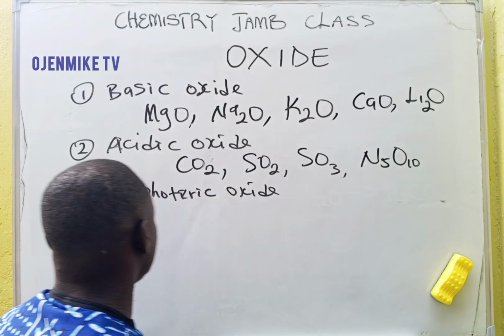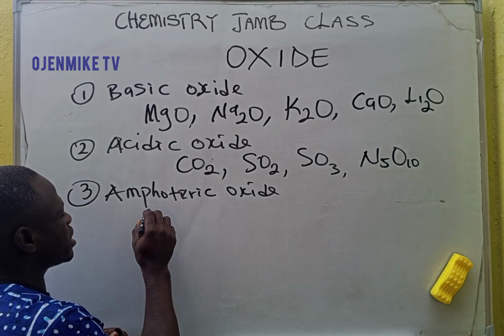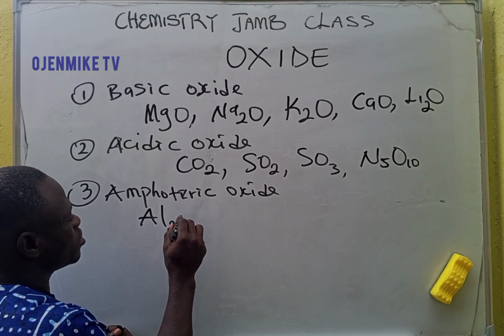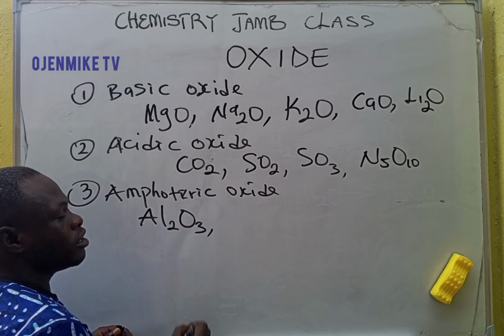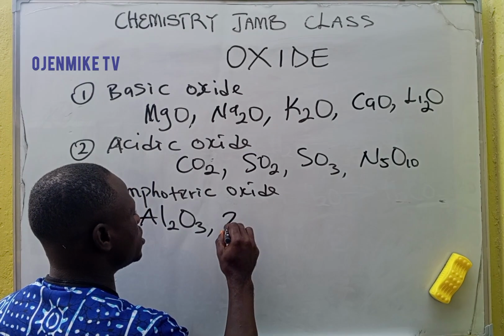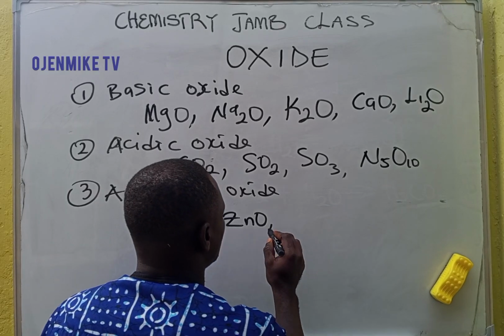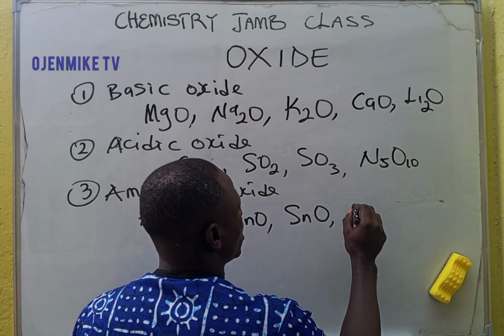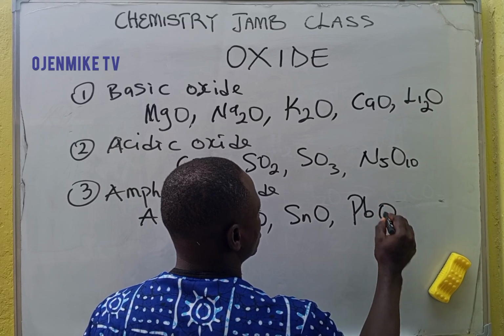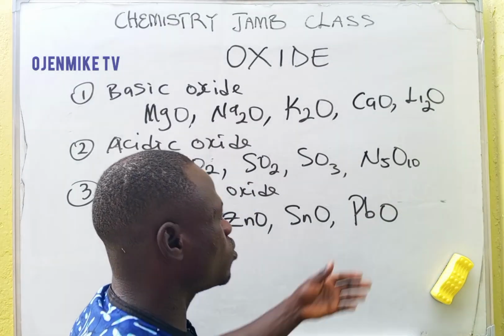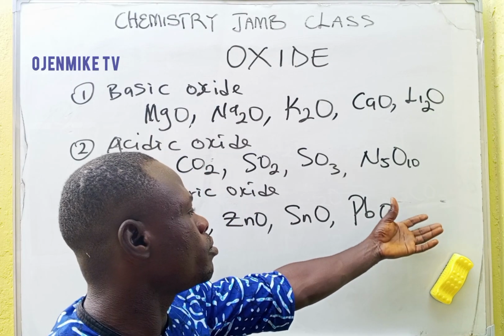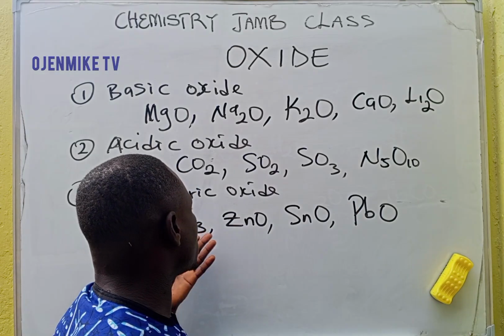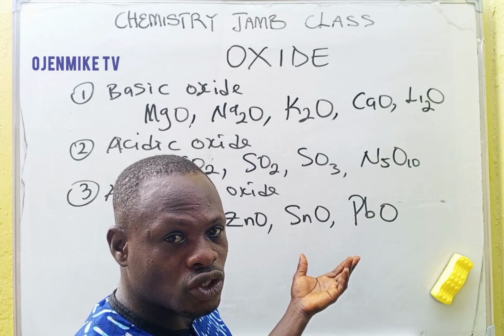Examples of these oxides are aluminum oxide, zinc oxide, tin oxide, lead oxide, and so on. Even chromium oxide is another example, more especially oxides of transition metals.